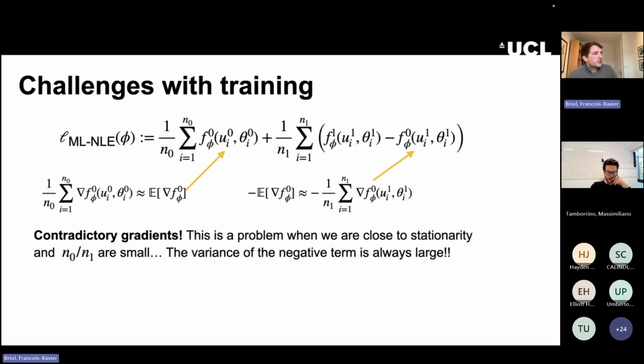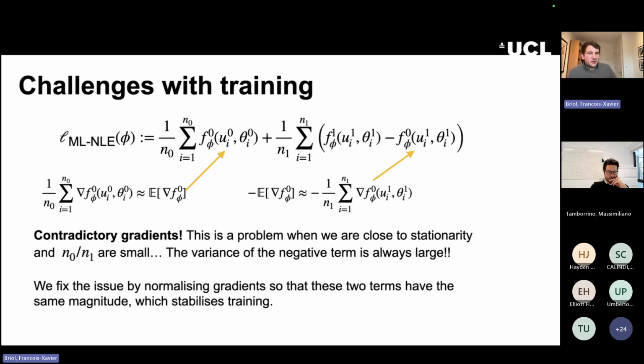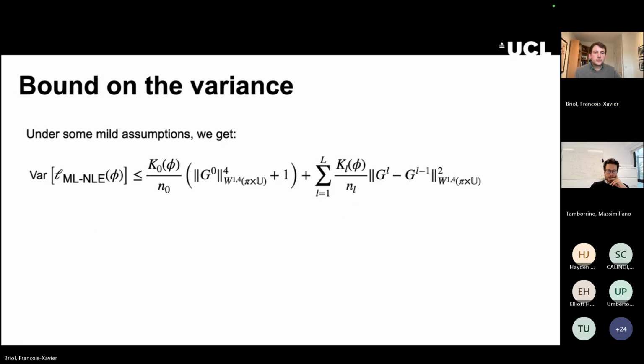And so Yuga had to use a number of tricks to stabilize training, such as renormalizing different parts of the objective to try to stabilize convergence of our method. This is something that Yuga should take credit for, because I didn't contribute very much to that part of the paper.